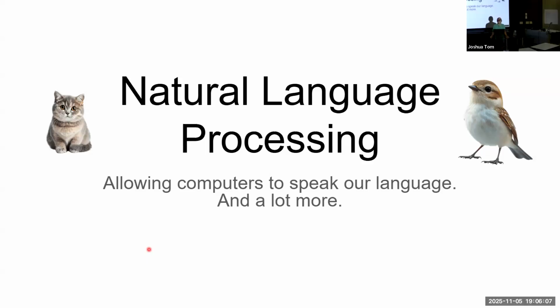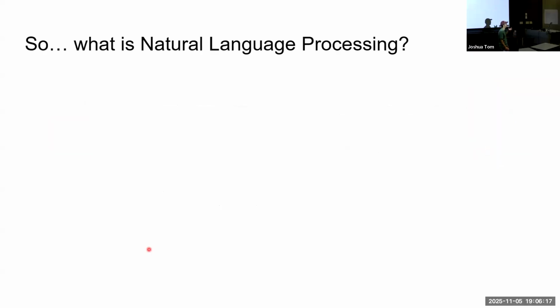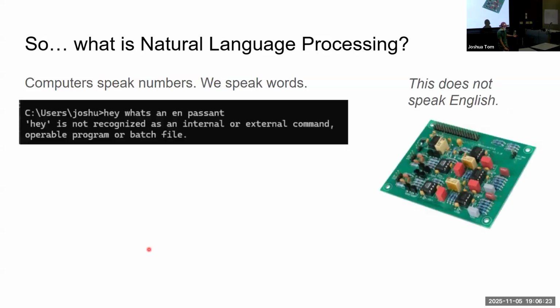So yeah, natural language processing. We're basically going to let computers understand words, language, anything where we're speaking or interacting with words. Obviously, computers don't speak English. They don't speak any language other than numbers and signals.